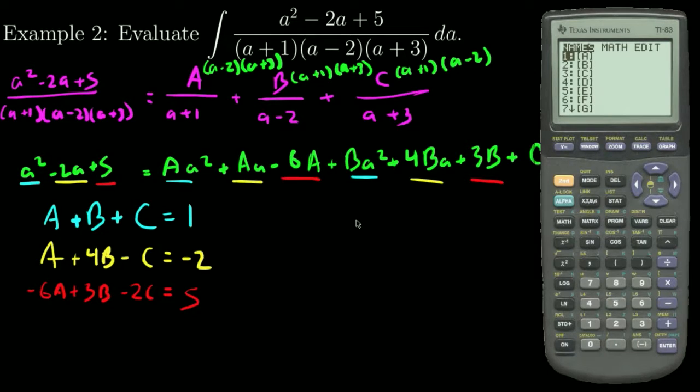So I'm going to come up with a coefficient matrix of the coefficients here. It is going to be 3 by 3 because I have 3 equations and 3 variables. The first row is all 1s because I have 1A, 1B, and 1C. The second row is going to be 1, 4, negative 1 because I have 1A, 4B, and negative 1C.